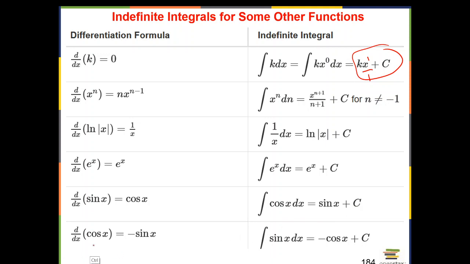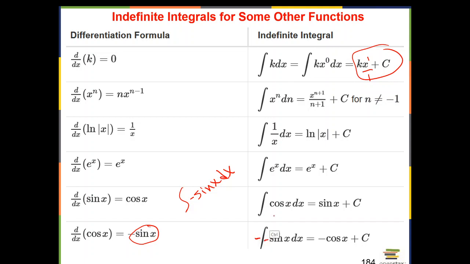Now, the derivative of cosine is negative sine, so the antiderivative of sine is not cosine, because if you want to go backwards, you have to have negative sine x, right? This is cosine, but we don't have negative sine x here, so we can put a negative here. That doesn't change anything because negative times negative is positive.